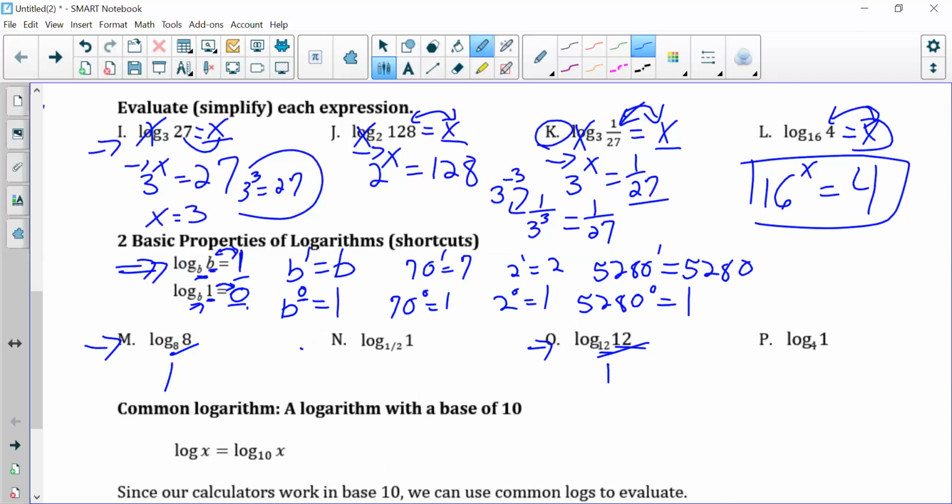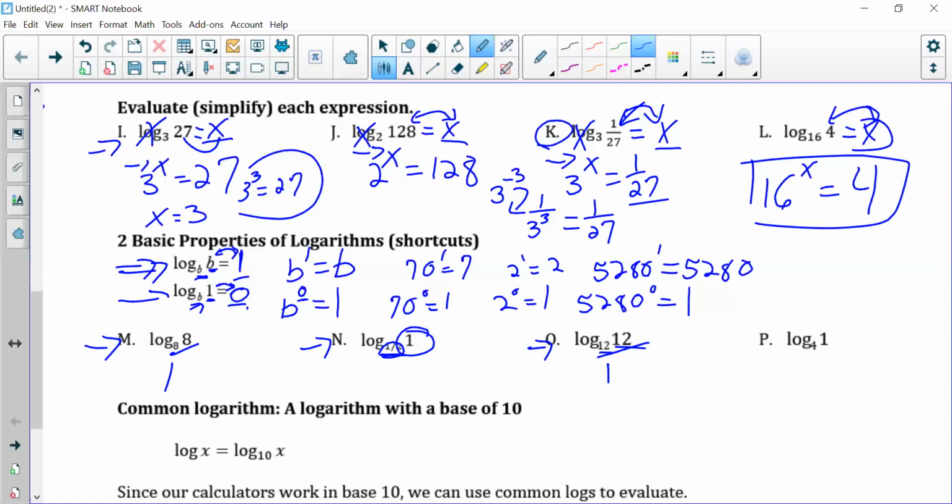Let's look at N. The log base 1/2 of 1. Oh no, what do I do? I haven't learned how to do a base of 1/2. All right, chill. This one, it does not matter what the base is. This is in here specifically to see if you're paying attention to your properties. This is the important number here. This is a 1.